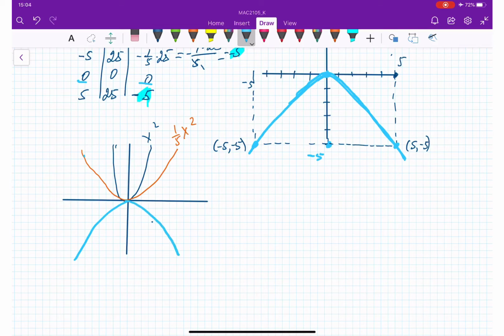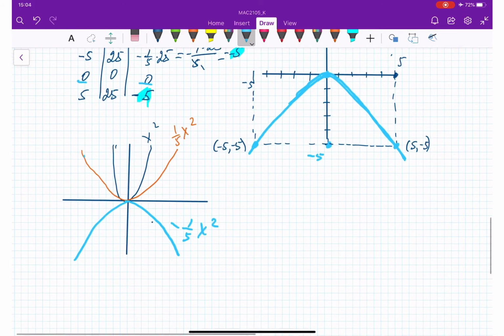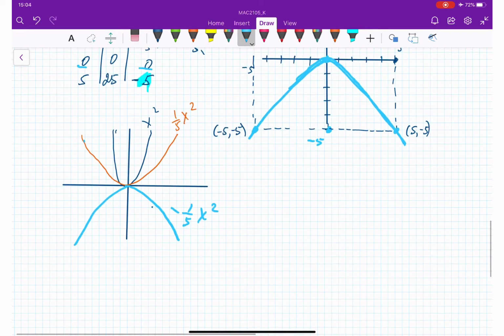So, what we can say, for this graph, we are stretching vertically. Yes. For this graph, we are reflecting across the x, which is this blue one, and it is negative 1/5 x squared. Okay, see, we drew the same graph we have here. With the difference, we don't know the points. I'm just showing the general shape.